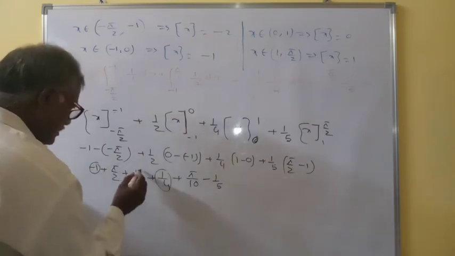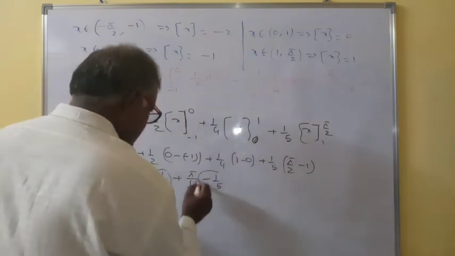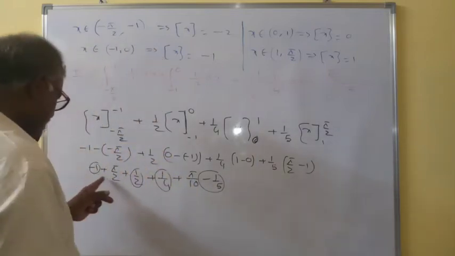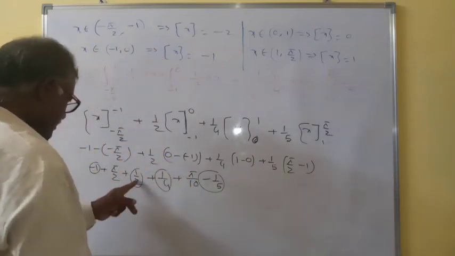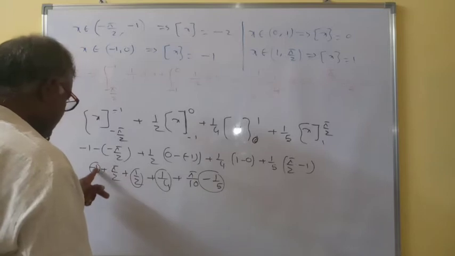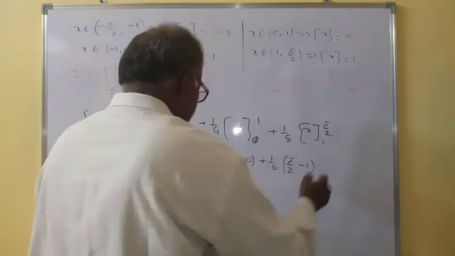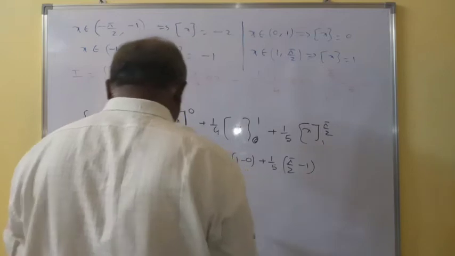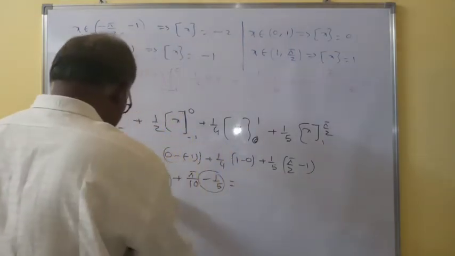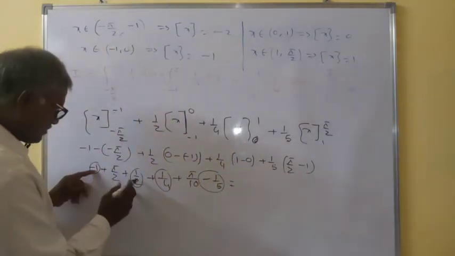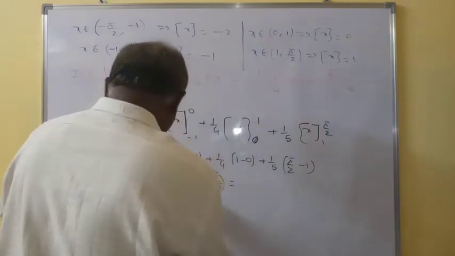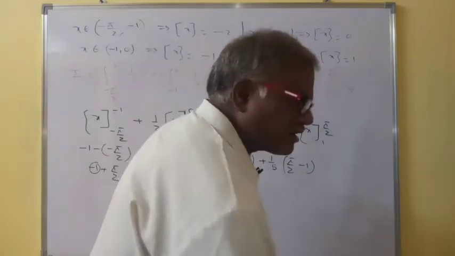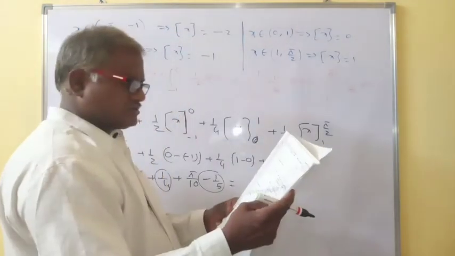So totally, if we add these constant terms, what will we obtain here? Minus 1 plus 1 by 2 gives us minus 1 by 2. So we have to simplify this problem, depending on what options will be given.